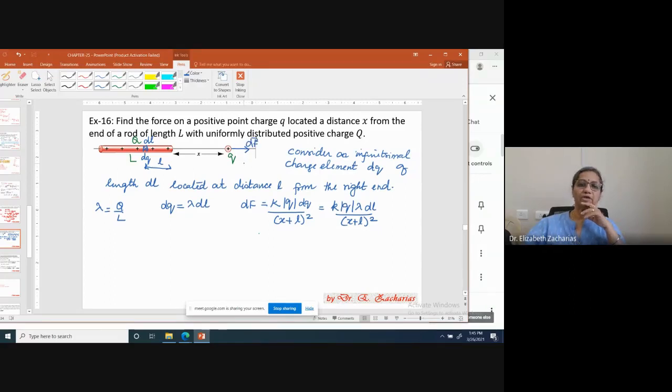Okay, now tell me, how do I get the net force on Q? Net force will be integral dF. But now tell me, how is this problem going to be different from the previous problems? Take an element here and tell me how the force direction will be.